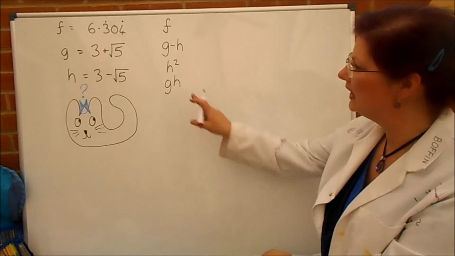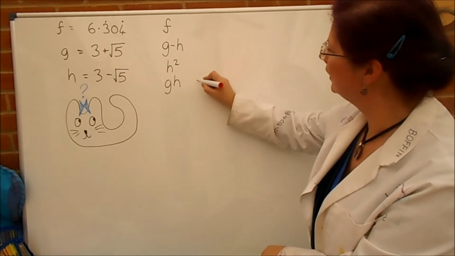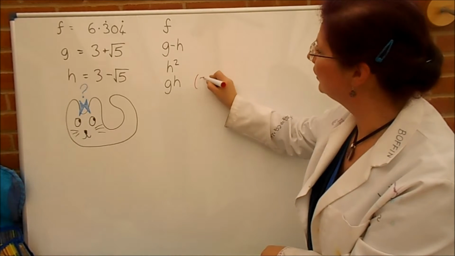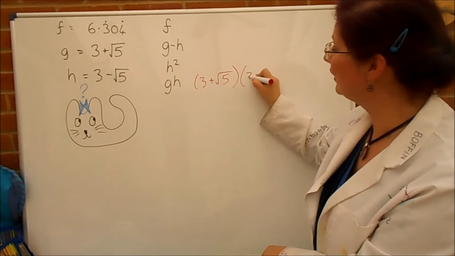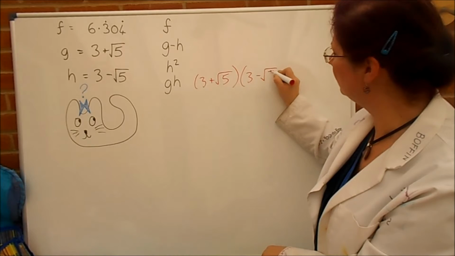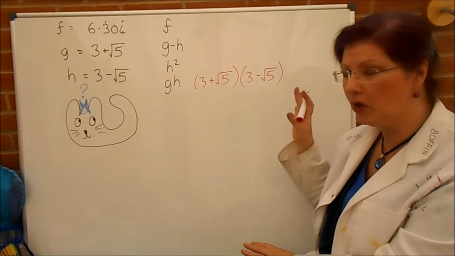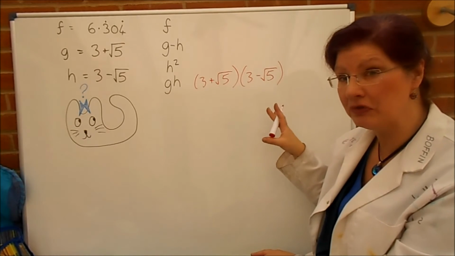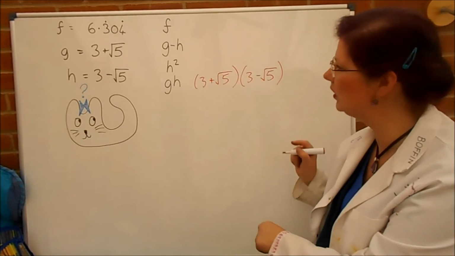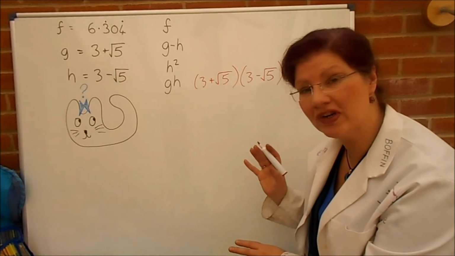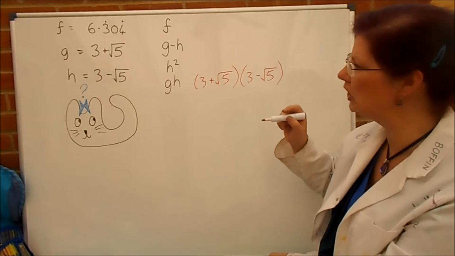Right, the last one, GH. So GH is equal to 3 plus root 5 multiplied by 3 minus root 5. You may possibly spot this as a standard result. The last one, by the way, was a perfect square. This is something different, but just in case you don't, we'll work through it. Again, we're going to use quadratic multiplying out, FOIL or dragon claw.